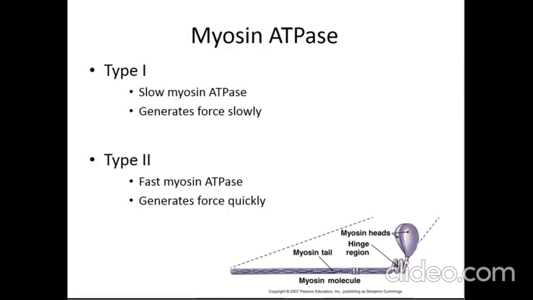Myosin heads in type 1 slow twitch fibers break down ATP very slowly, and that limits the number of power strokes this myosin head can perform for a given amount of time. Myosin heads in type 2 fast twitch fibers break down ATP much more quickly, and therefore can perform a greater number of power strokes for a given unit of time.